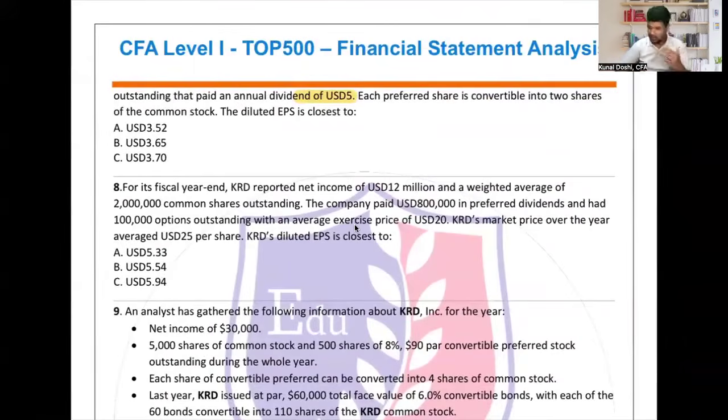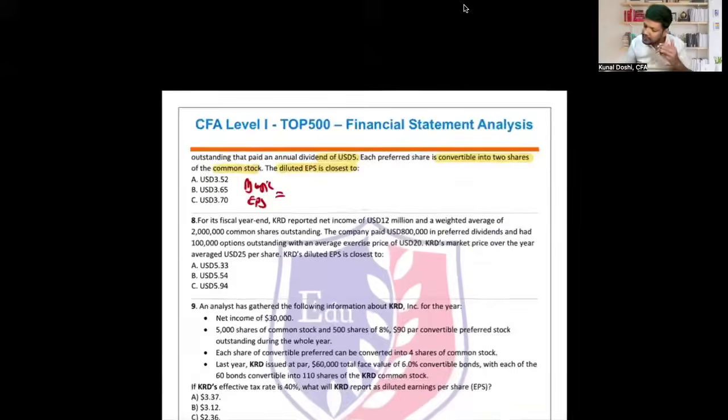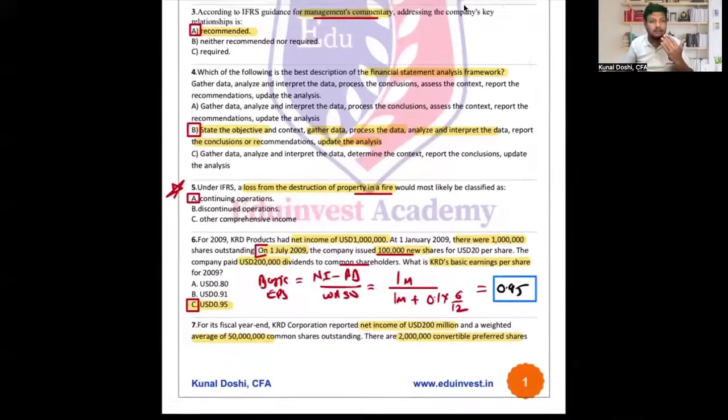Each preferred share is convertible into 2 shares of common stock. For the diluted EPS, guys, whenever they give you diluted EPS, what is your first job? Are you directly going to calculate diluted EPS? No, you always have to calculate the basic EPS first. So let's do the basic EPS.